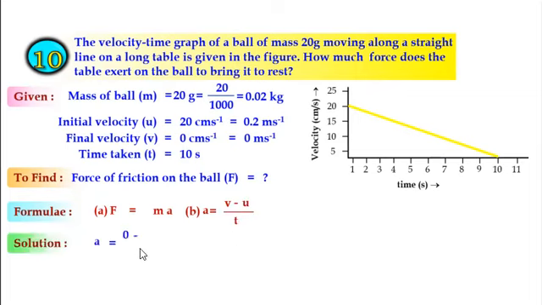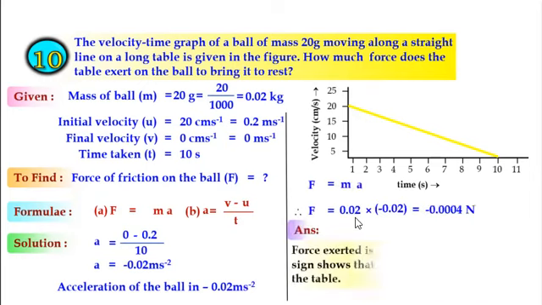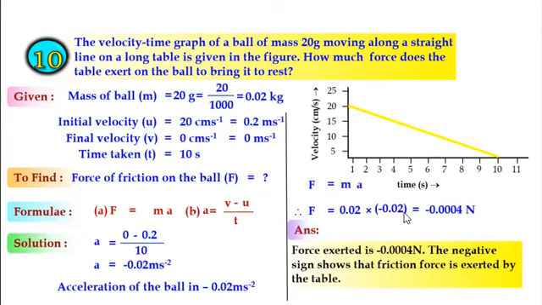So final velocity is 0 minus 0.2 by 10, that equals minus 0.02. Acceleration of the ball is negative here, means negative force, opposite force is applying. Then F is equal to mass into acceleration, that equals 0.02 into 0.02, that equals 0.0004. The force exerted is 0.0004 newtons.